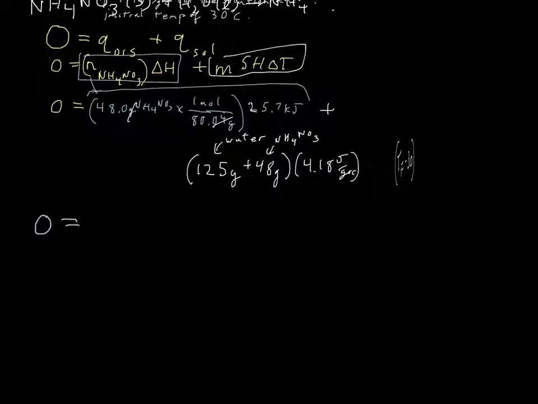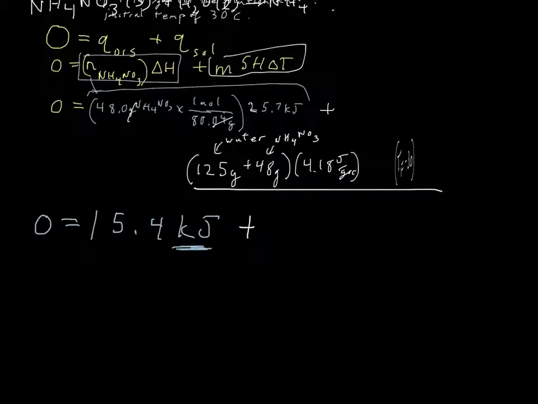Alright, I'm going to simplify the part in blue first. Punching it into my calculator, I have 48 divided by 80.04 times 25.7 kilojoules. Remember, units are always a nightmare when you're working problems like this. We're going to have to watch the fact that that's kilojoules. Now I'm going to simplify the other term.